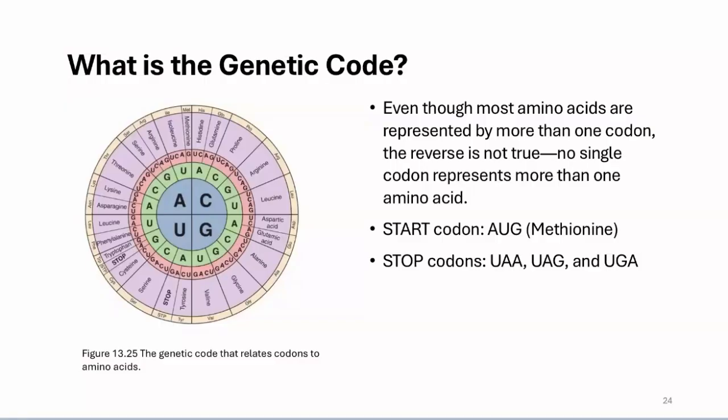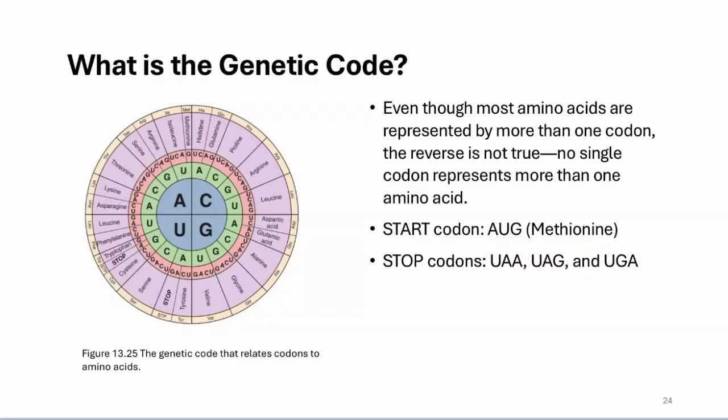It's interesting to see that when it comes to the genetic code, even though most amino acids are represented by more than one codon, the reverse is not true. You don't have a single codon that represents more than one amino acid. For example, to represent the amino acid methionine, we only have one codon, which is AUG.